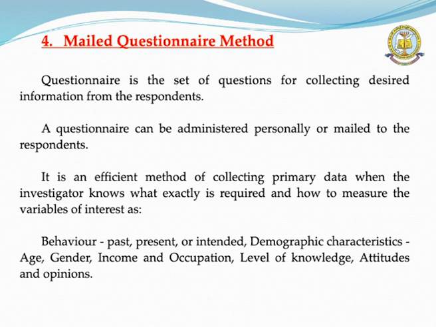It is an efficient method of collecting primary data when the investigator knows what exactly is required and how to measure the variable of interest, such as behavior, past, present or intended, demographic characteristics, age, gender, income and occupation, level of knowledge, attitudes and opinions.